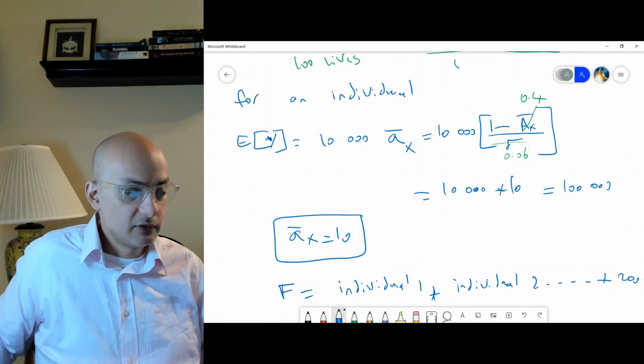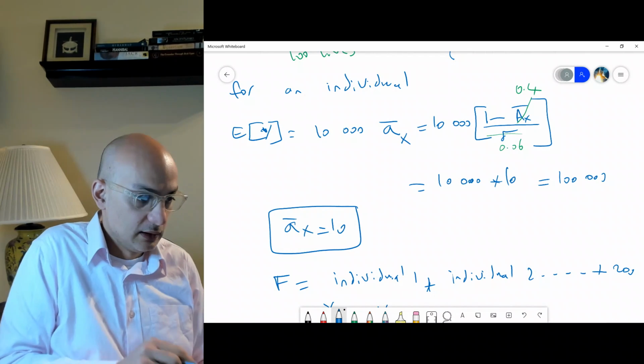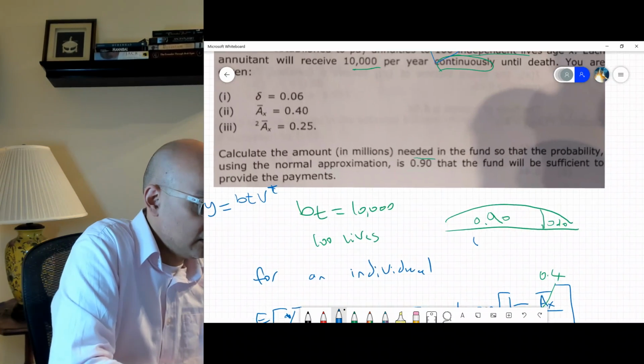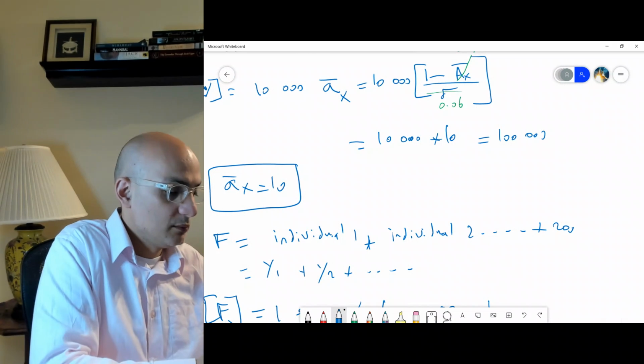It seems I made a mistake. Sorry, I made a mistake here. Can I calculate one more time? So the benefit amount is just 10,000. Let me just do it again.